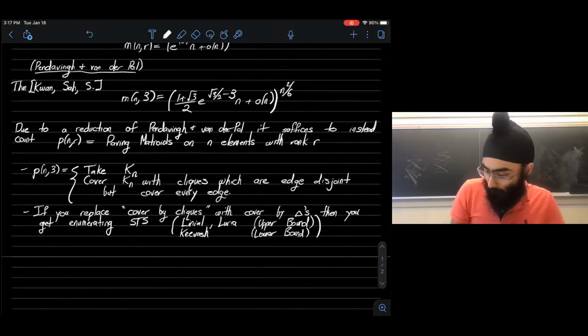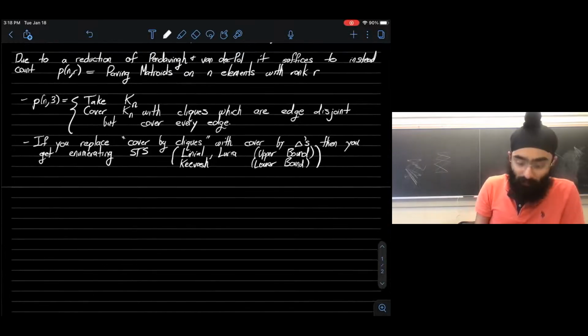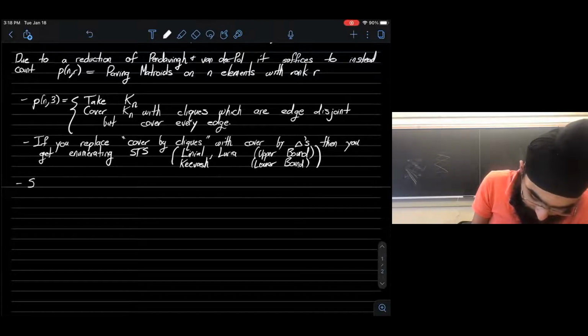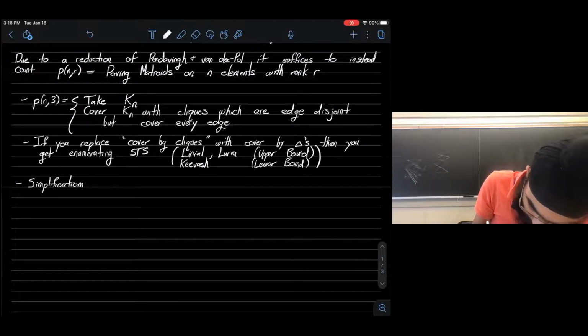So if not, I'll make one simplification, which is not really necessary but makes the argument a little cleaner. Let capital M equal 20.